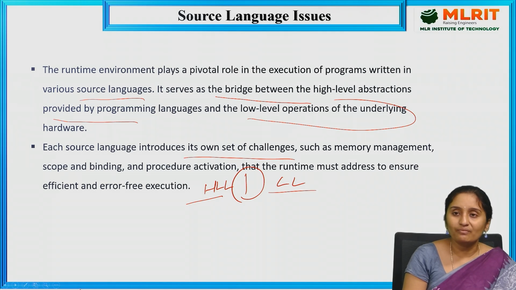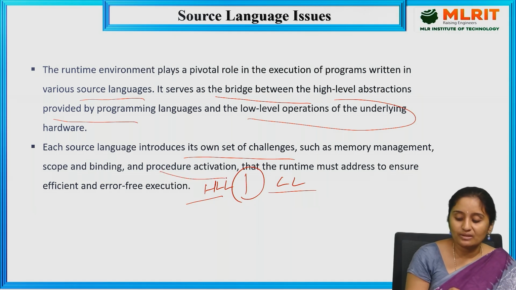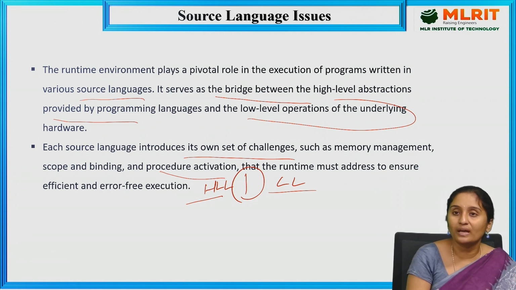When we write a C program, a Java program, or a C++ program, we will have different types of challenges like memory management, the binding of names, the scope of the variable or the lifetime of the variable, and the procedure activation, and the runtime must address these and ensure error-free execution.